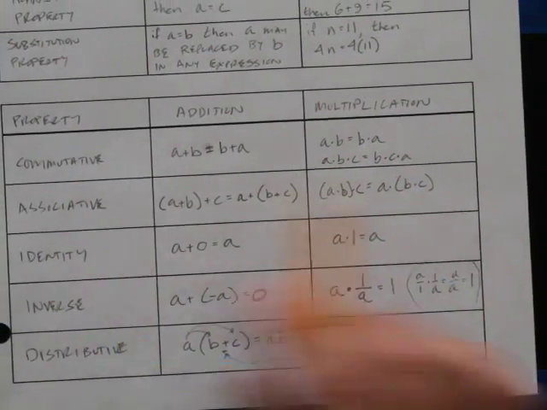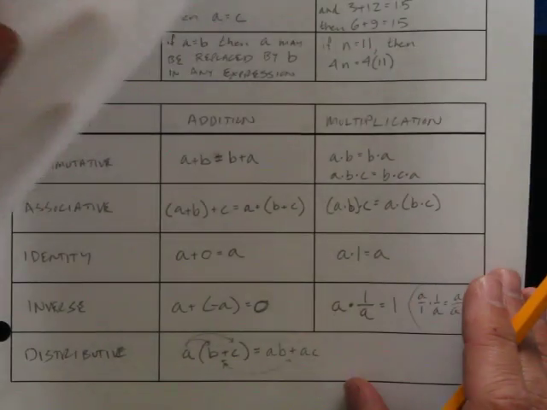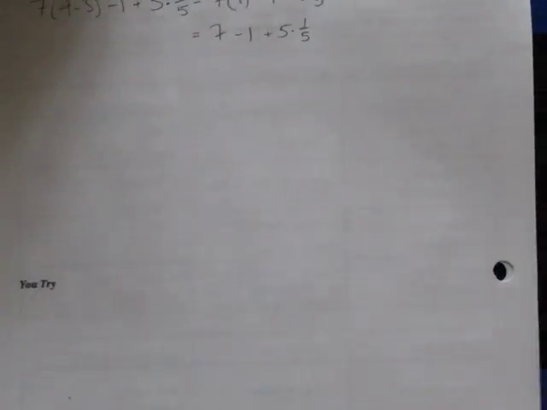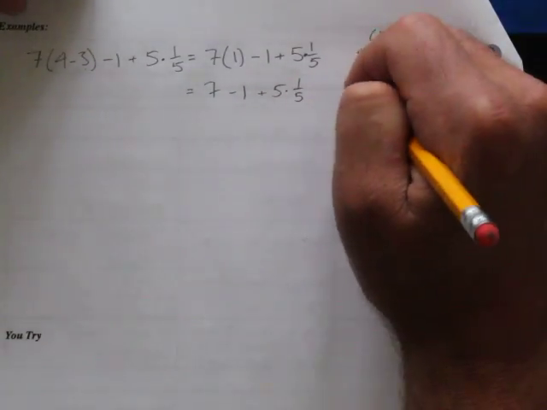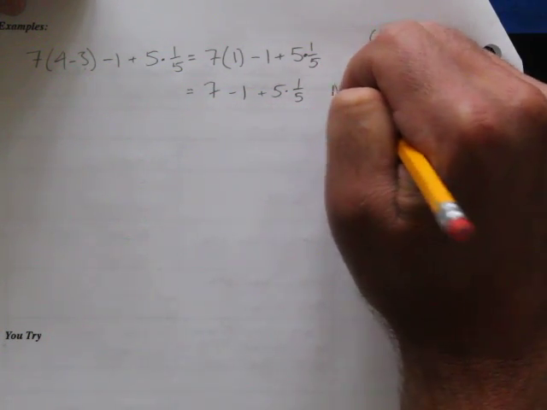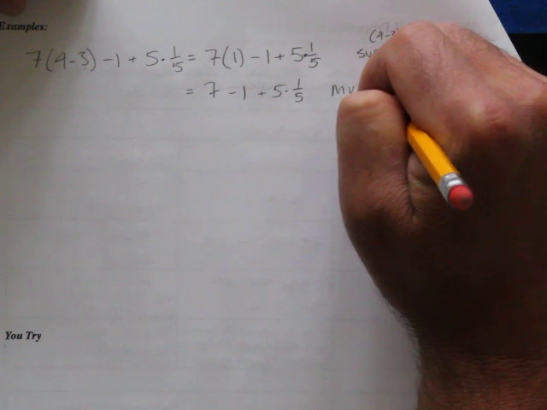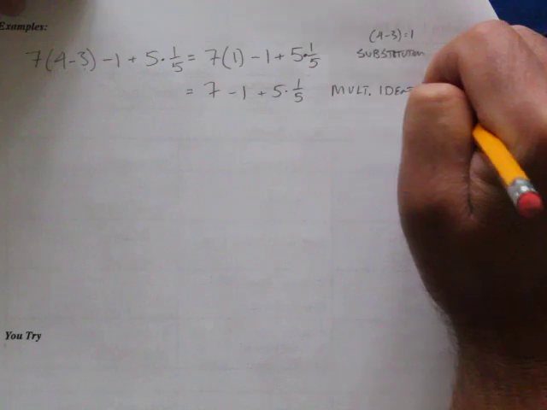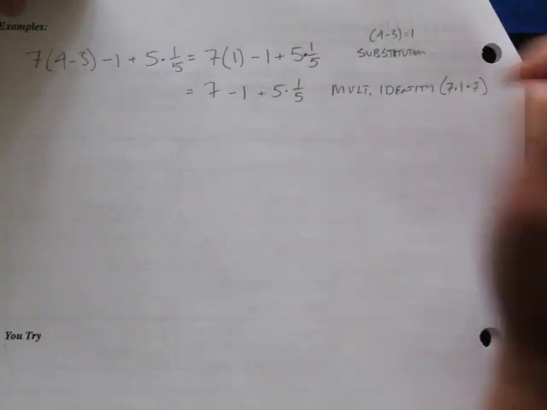So we did the identity property of multiplication. And so the way we're going to say that is multiplicative identity. And that was 7 times 1 equals 7.